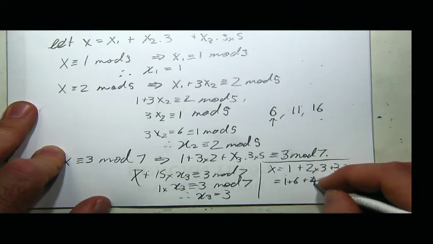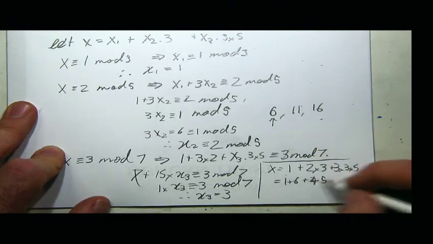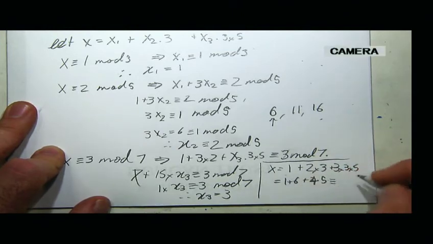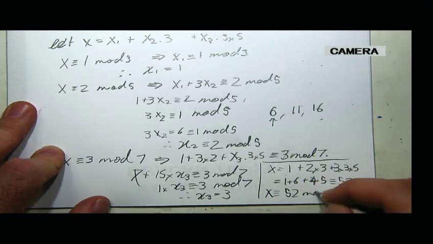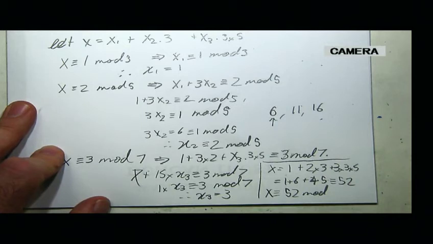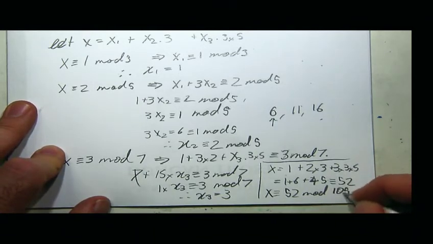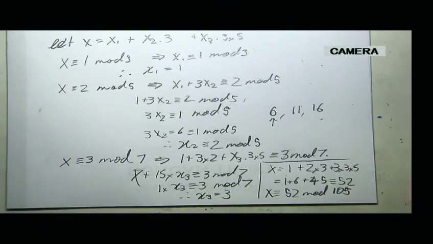Let's go with 45, shall we? 51, 52, so x is congruent to 52 mod 3 times 5 times 7, which is 105. Sweet. Amusingly enough, that is what I said. And if we go back and check, we can see that it's going to be the right values.